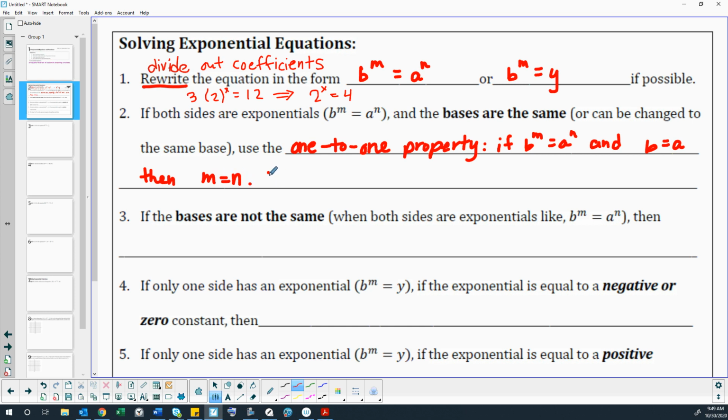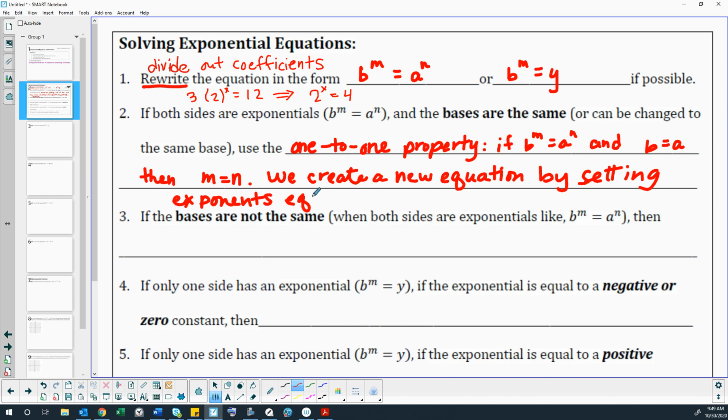So we create a new equation by setting those exponents equal to each other, and then we solve. Like I said, we've already seen that in section 4.1, and we will see that again today.